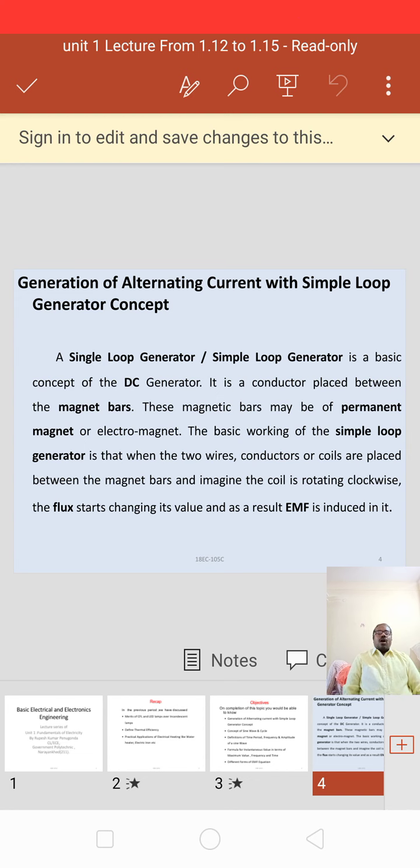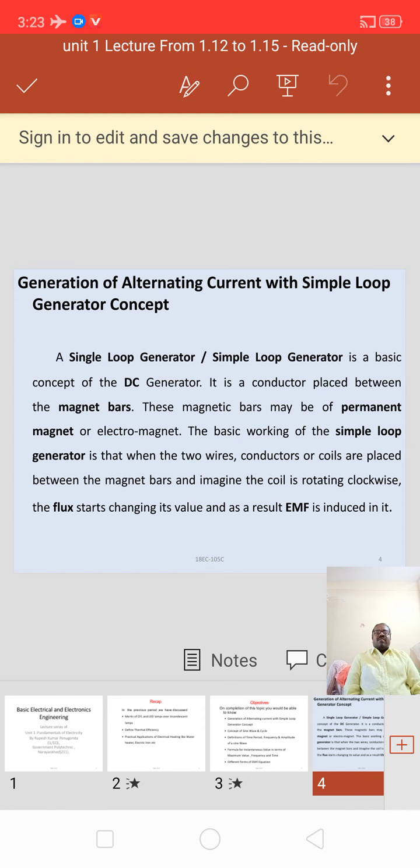Okay, on behalf of this loop generator concept, we'll learn about some concepts of the DC generator, that is, a conductor which is placed in between the magnetic bars, and these magnetic bars are made up of permanent magnet or electromagnet.